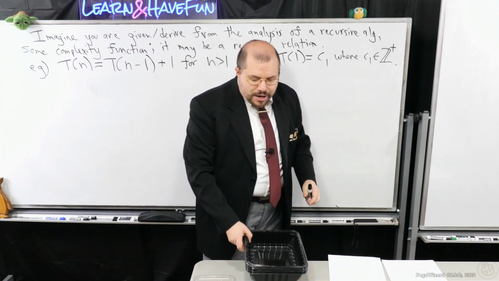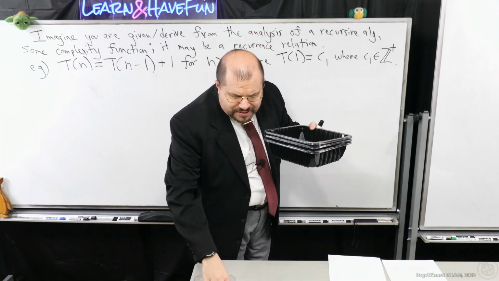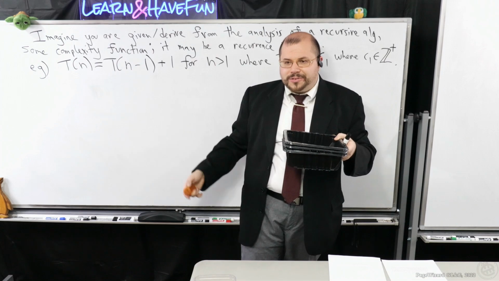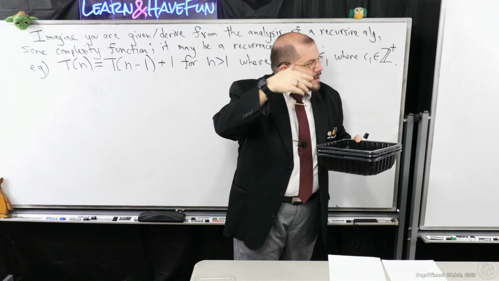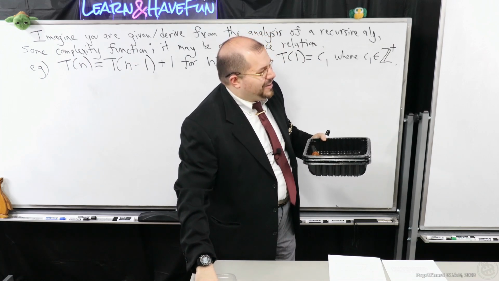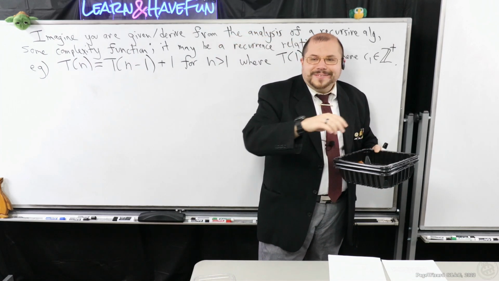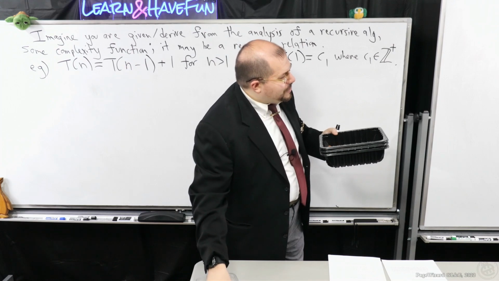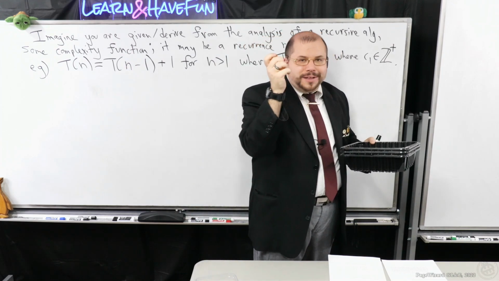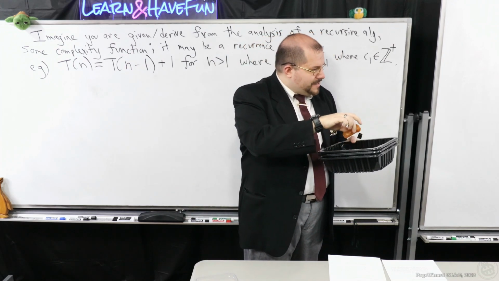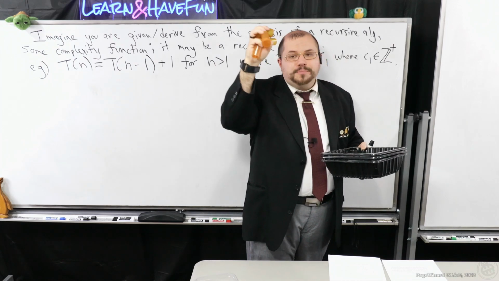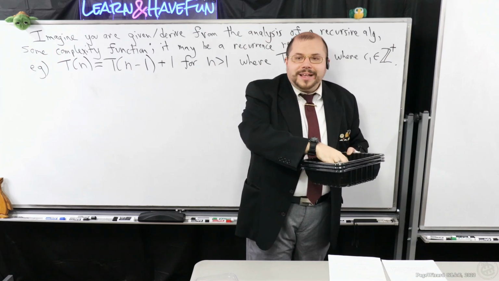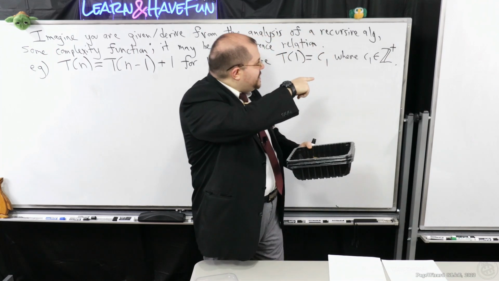I can imagine I go around collecting up, for each one of these calls on a smaller input, the plus 1s. It's like I'm collecting up the waste of all of these calls, just akin to running through and executing the recursive algorithm that it represents. So each one of the calls produces me a plus 1 until I hit a base case for which I get the C1.